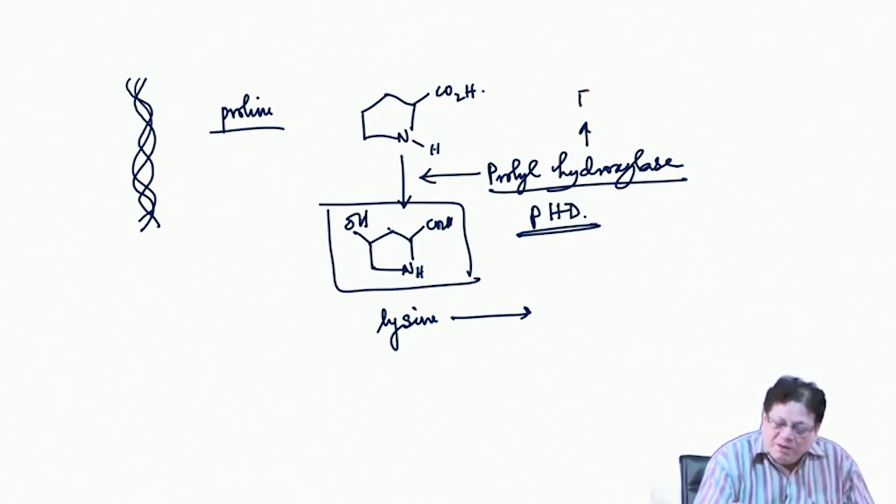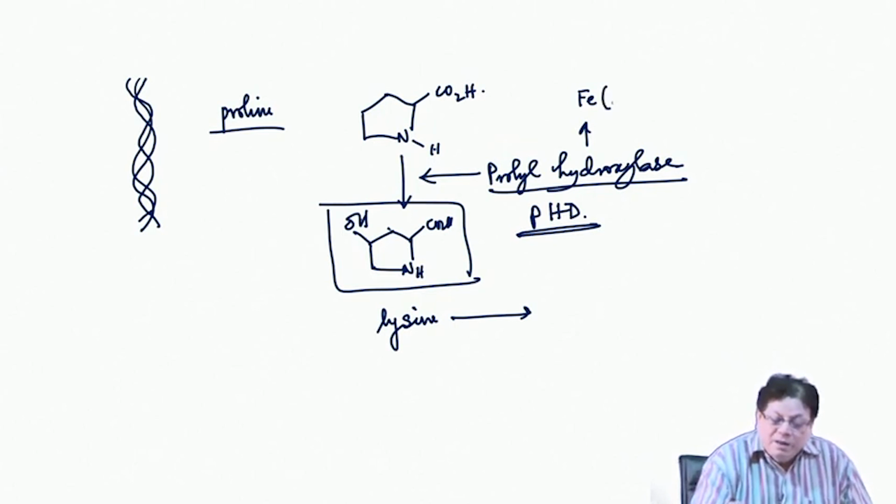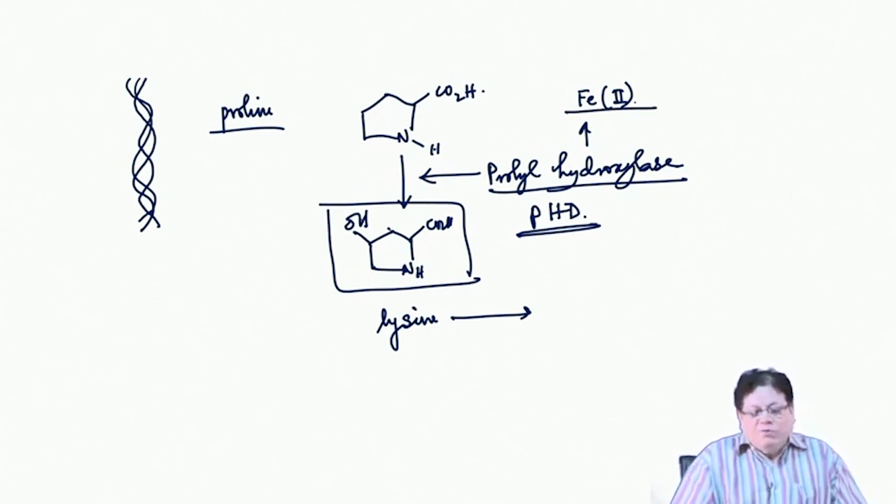We know that metal ions are very important in some enzymatic reactions, and different metal ions, zinc, iron, cobalt, we have already encountered, of course cobalt. Now we are encountering iron, the ferrous, as a cofactor. So, what is the role of ascorbic acid here?